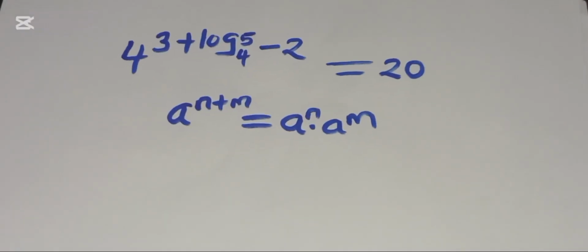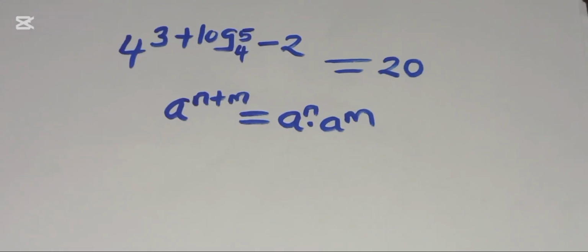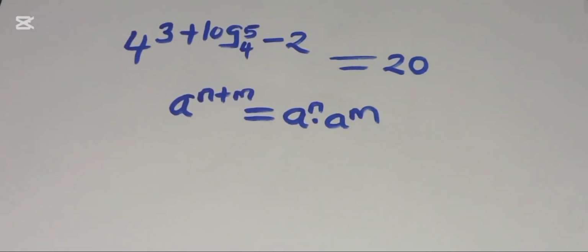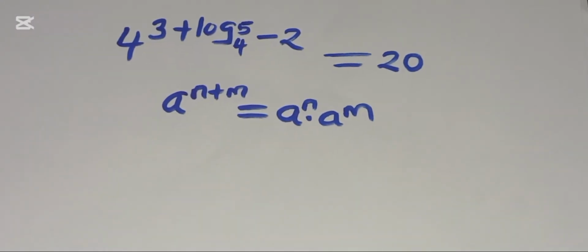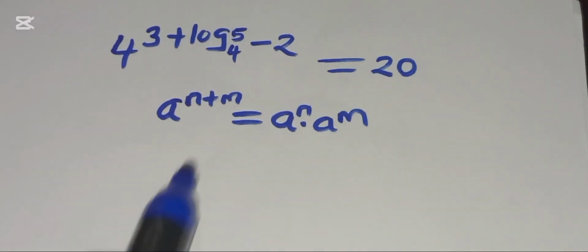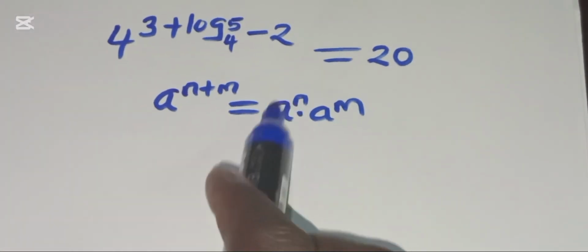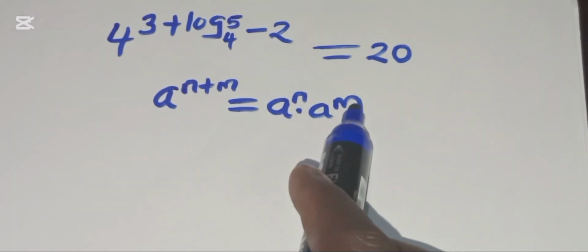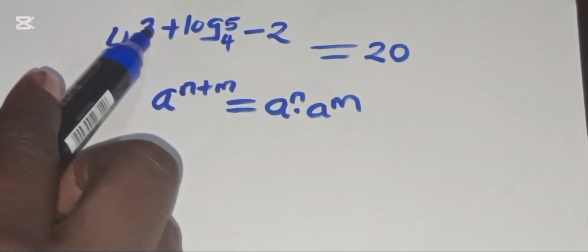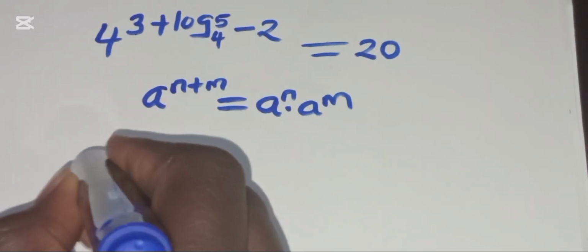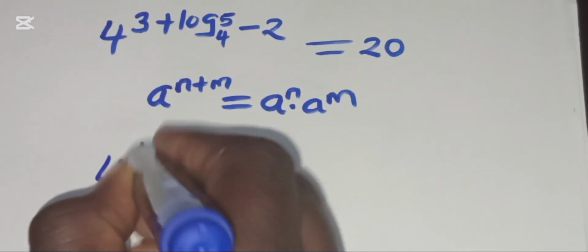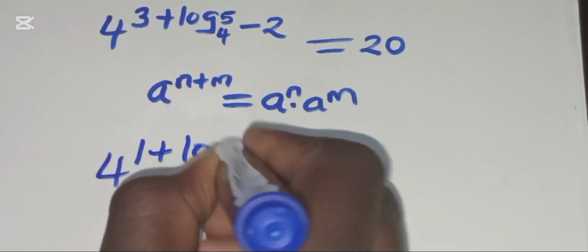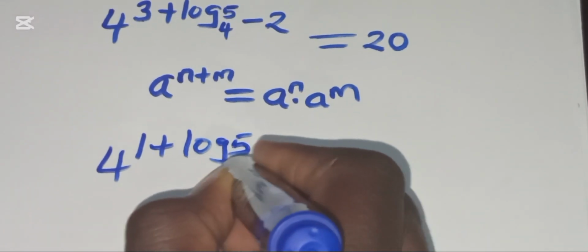So as you can see, we have 4 raised to power 3 plus log 5 to base 4, subtract 2. Now from here, this is 3 subtract 2. We are going to have 4 raised to power 1 plus log 5 to base 4.